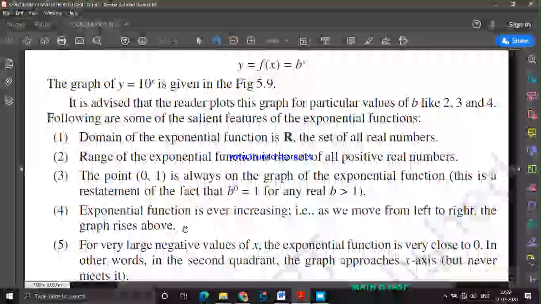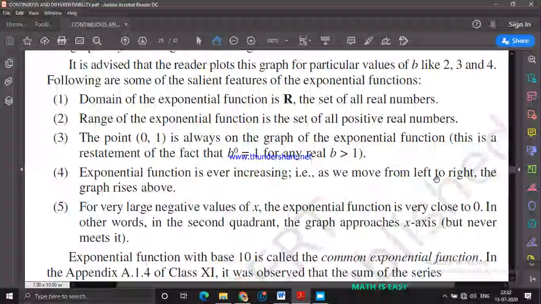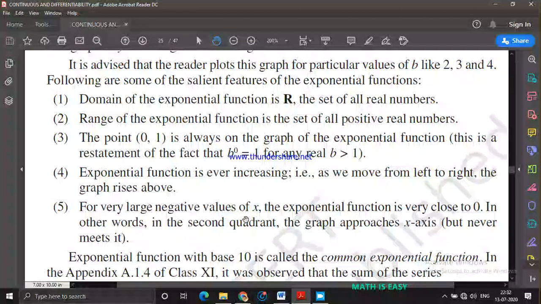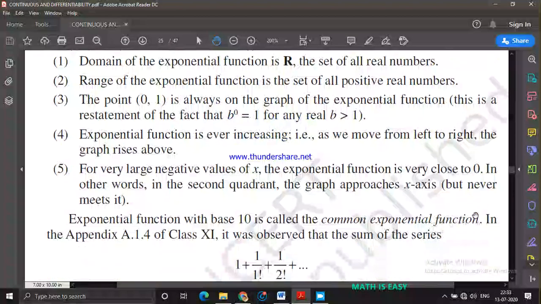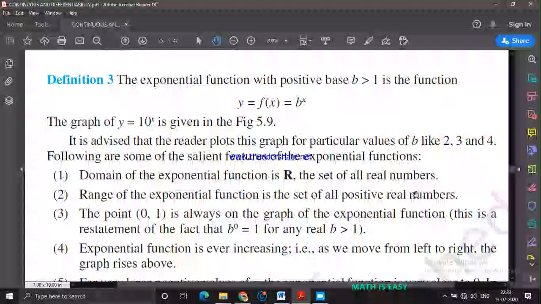That's the meaning of this point. Moving left to right, for every large negative value of x, the exponential function is very close to 0. In other words, in the second quadrant, the graph approaches the x-axis.